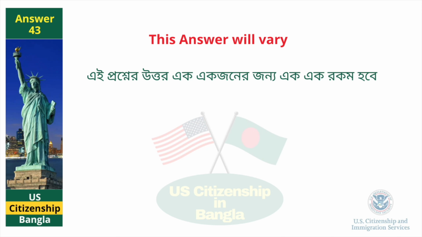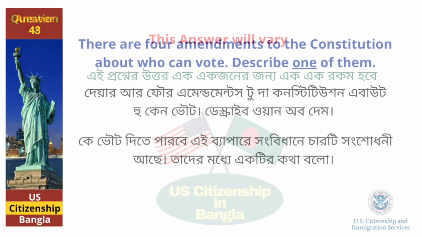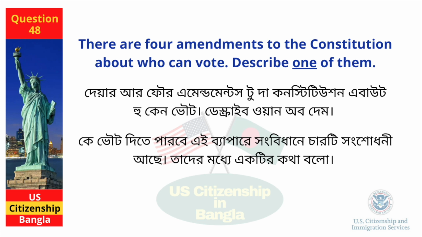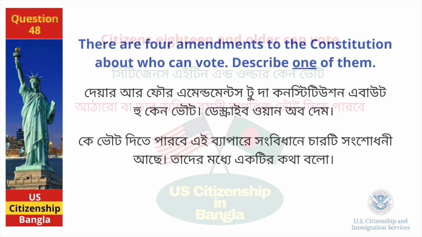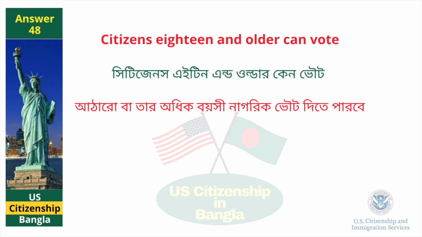This answer will vary. There are 4 amendments to the Constitution about who can vote. Describe one of them. Citizens 18 and older can vote.